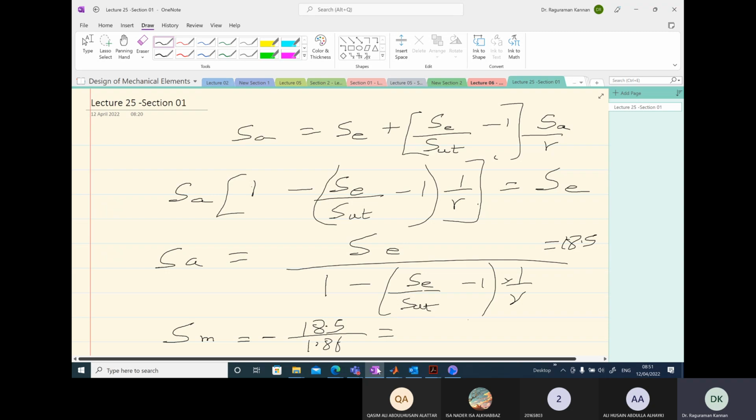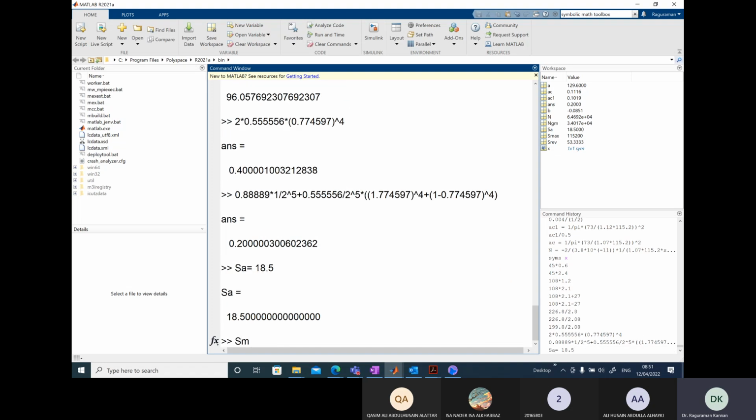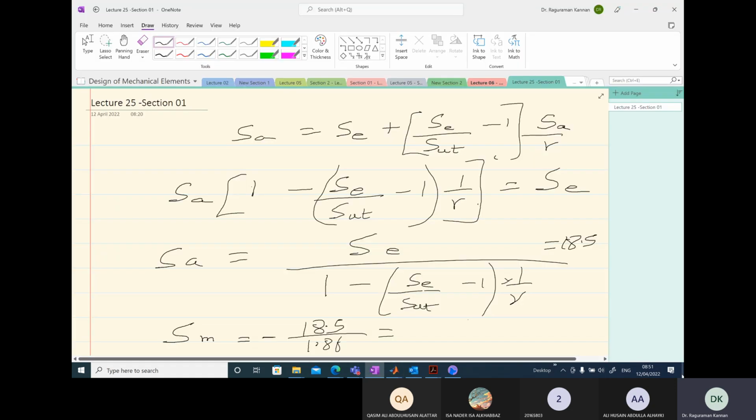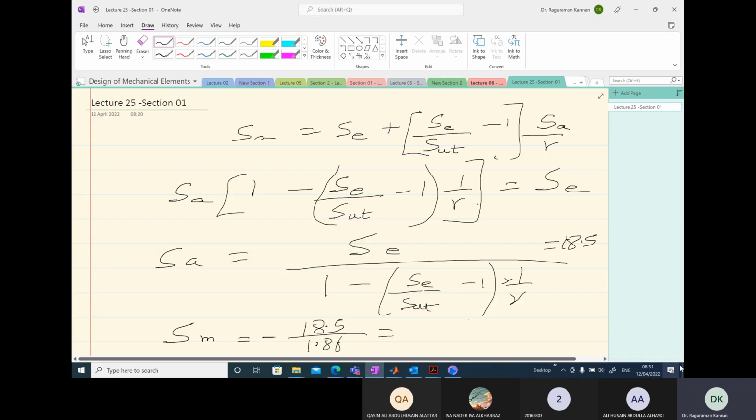So that will give you the SM value, negative 9.94 kpsi.